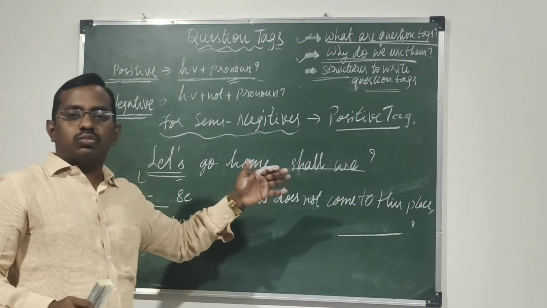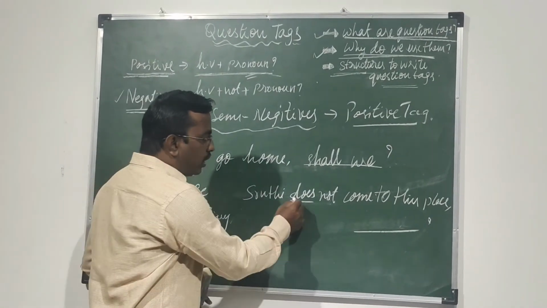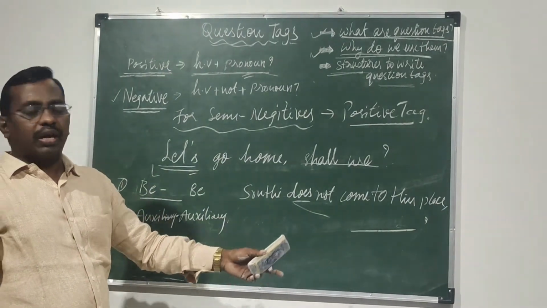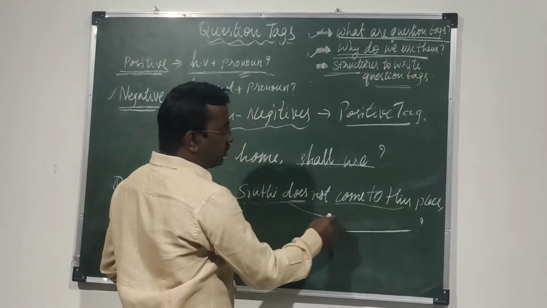Shruti doesn't come to this place. There is an auxiliary verb, a helping verb. So the same auxiliary verb, the same helping verb, we use in the question tag. Shruti does not come to this place, right?